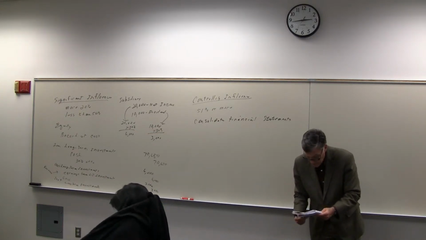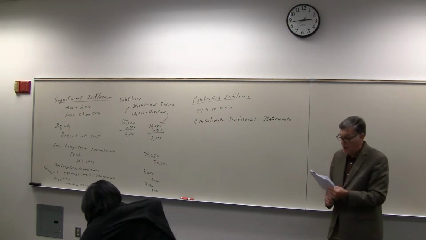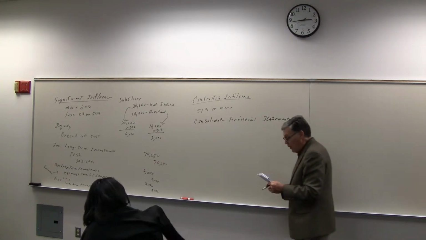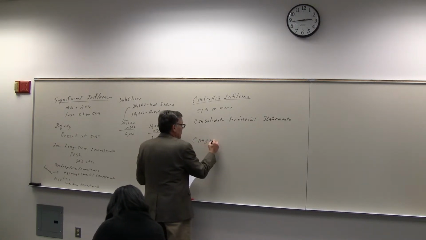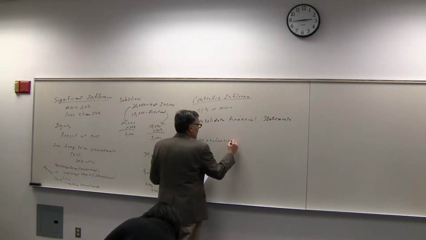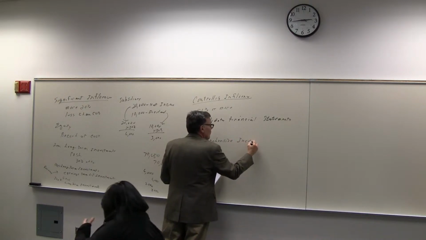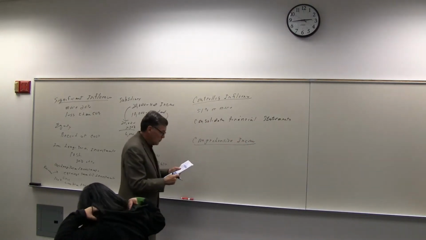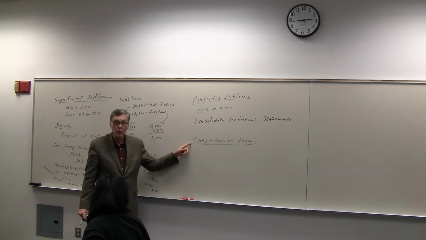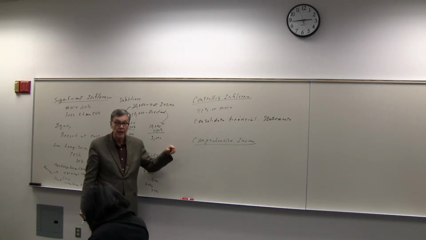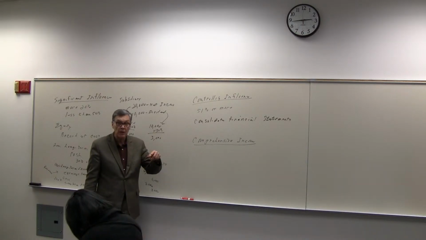Now, let's just touch on comprehensive income. So comprehensive income. Remember we had the unrealized gains and losses, and remember we reported those as an increase or decrease to equity if they're available for sale.